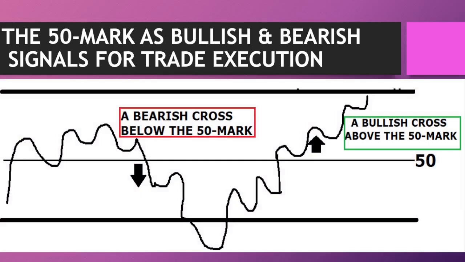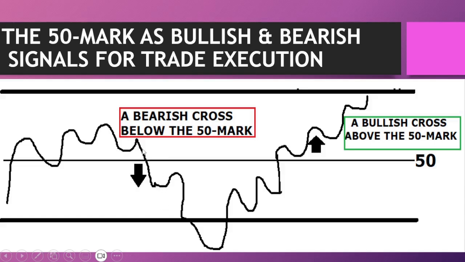As shown in the illustration, a suitable signal for bearish trade execution is represented by the movement of the MA line or moving average line of the RSI indicator below the 50 mark line. The best signal for bearish trade execution is when we have the MA line staying between the 50 mark line and the 30 mark line.